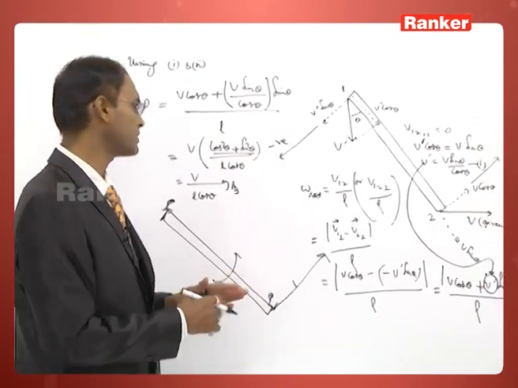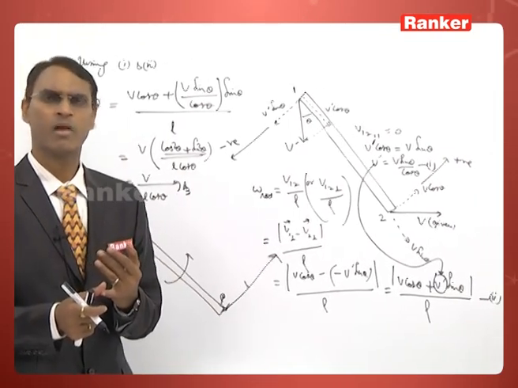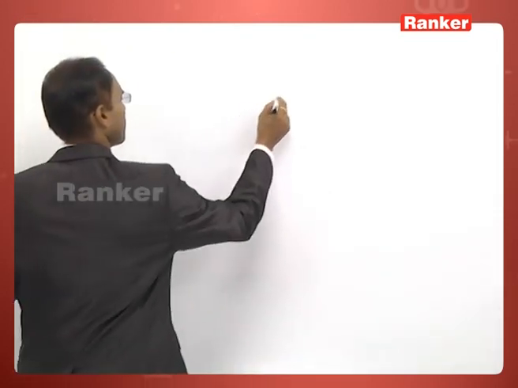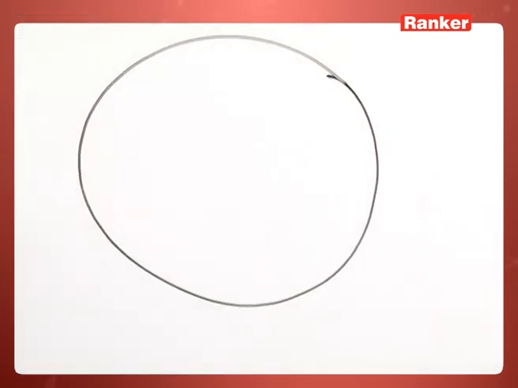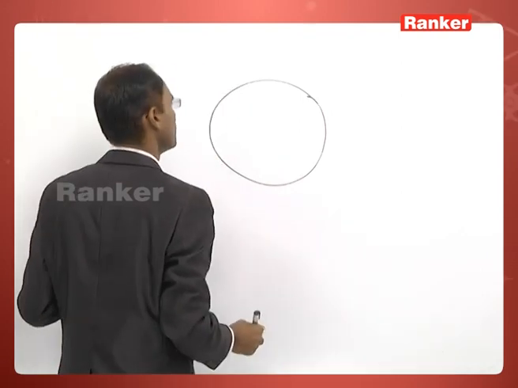So in both the methods, we can define the angular velocity, and problems also you can solve by using both the methods with equal ease. Regarding the relative angular velocity, I would like to solve a couple of more problems. This is a disk, or this is a circle.